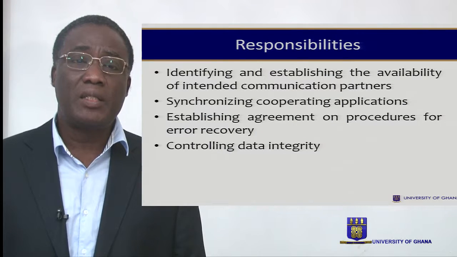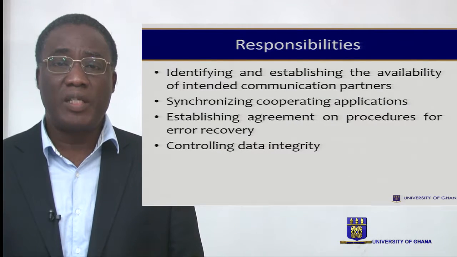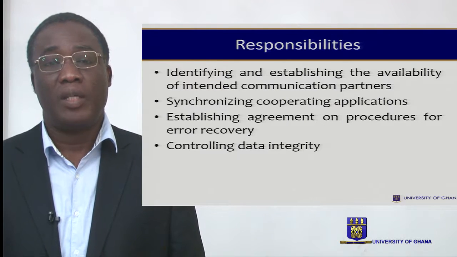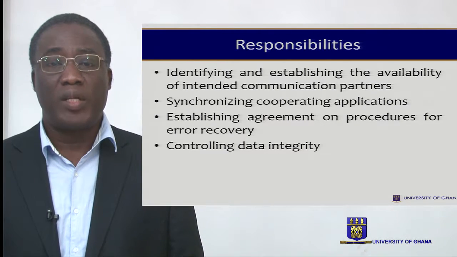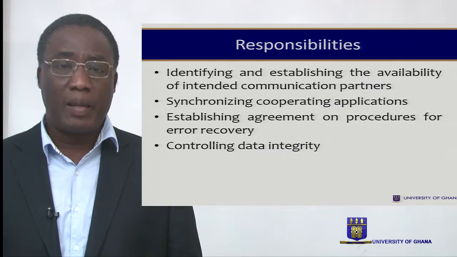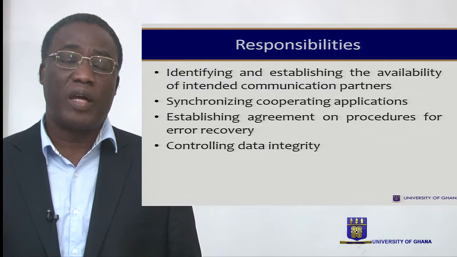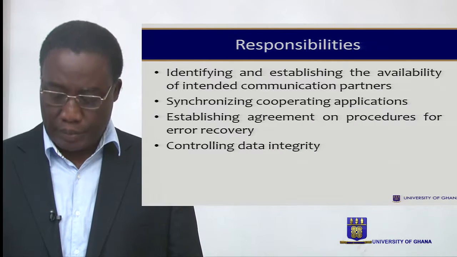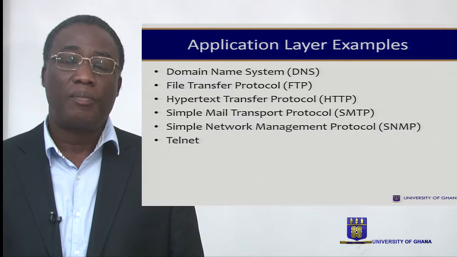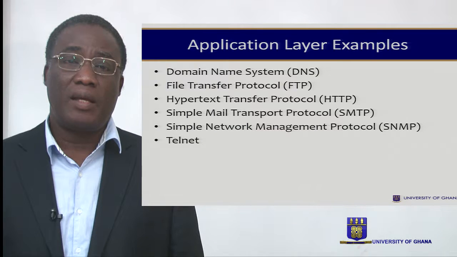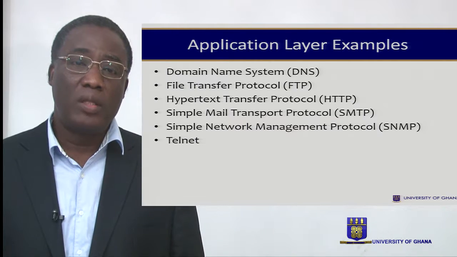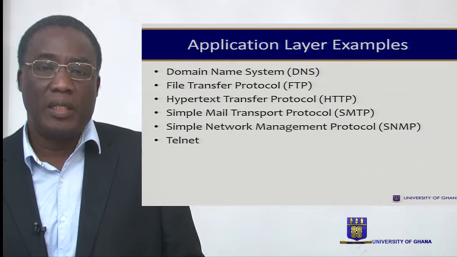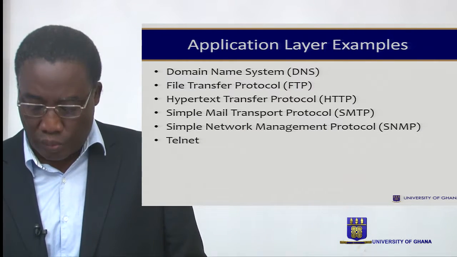These responsibilities include identifying and establishing the availability of intended communication partners, synchronizing cooperating applications, establishing agreements on procedures for error recovery, and controlling data integrity. Examples of application layer are the domain name system, DNS, FTP, HTTP, and so on.